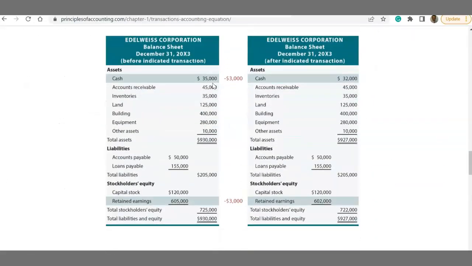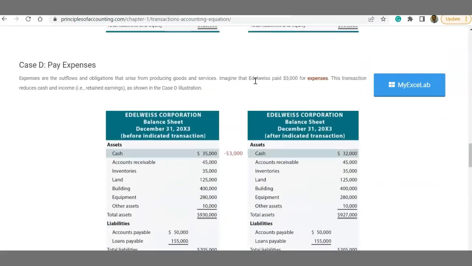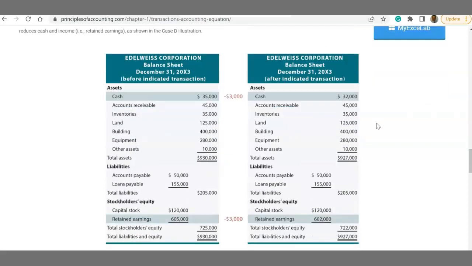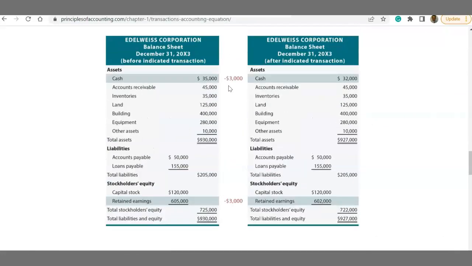In this case, we are spending $3,000. What is the reason? Expense, paid $3,000 for expenses. We don't know what the expense is, just general expenses: utilities, rent, or whatever. Cash is going down by $3,000, so the journal entry is cash credit, it goes out of your pocket.